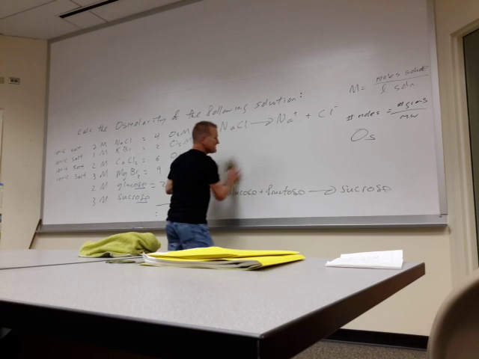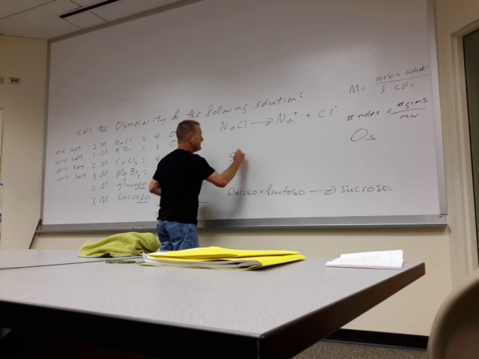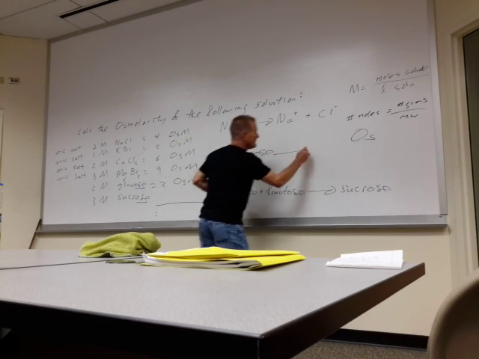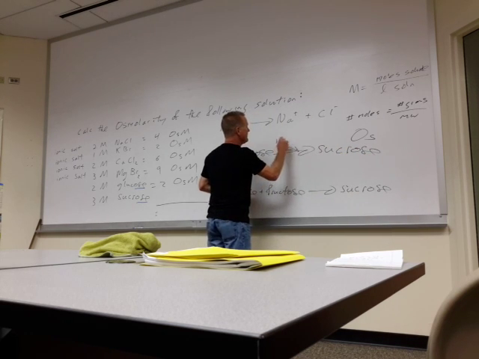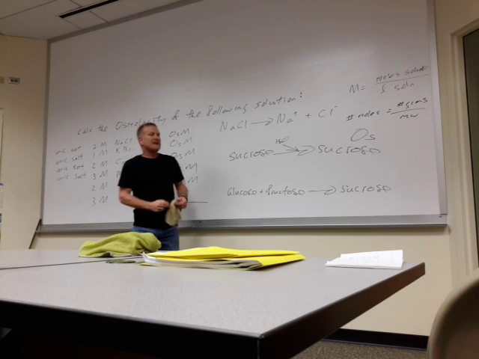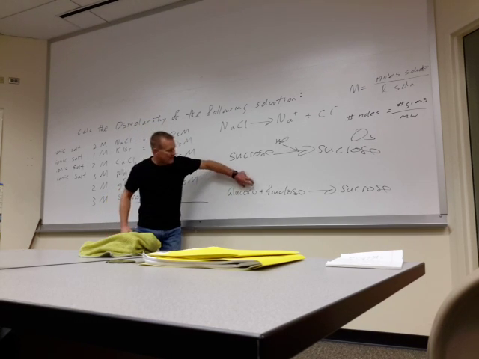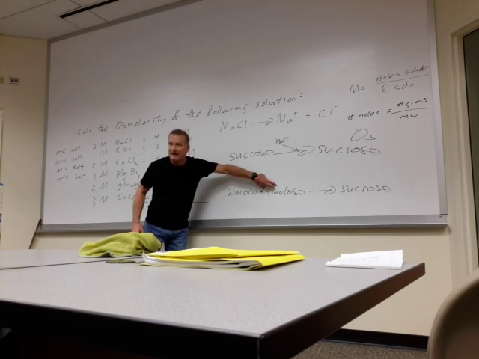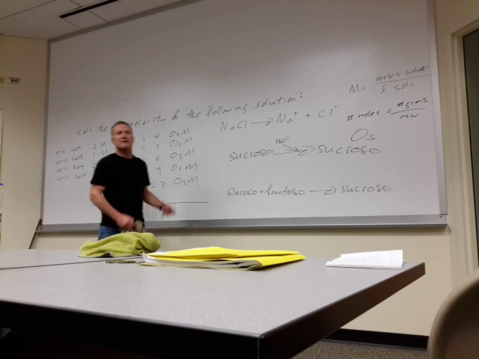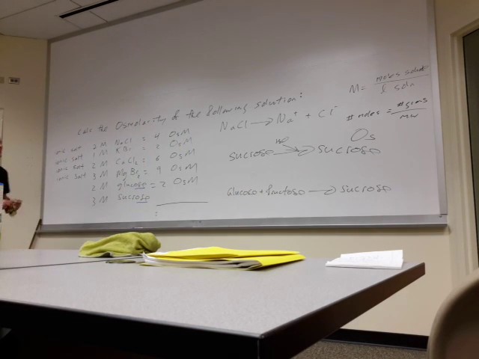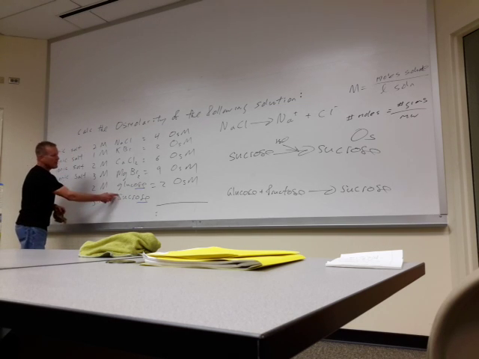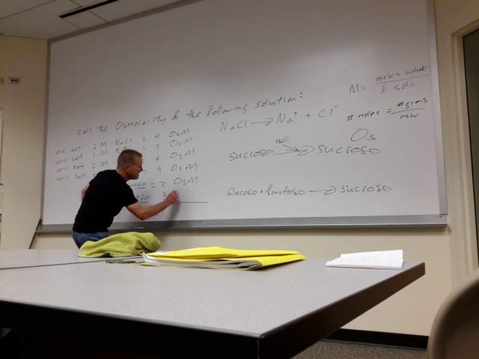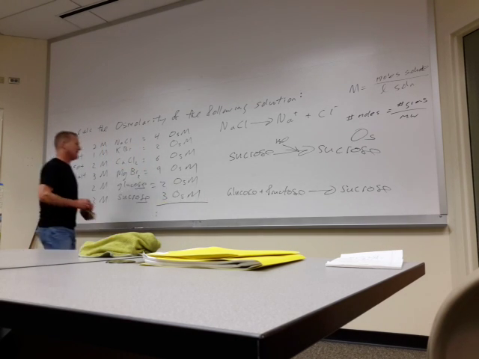When you put sucrose in water or iced tea, it doesn't do anything. The glycosidic bond between the glucose and the fructose does not break when you put it in water because it's a covalent bond. It's not an ionic bond. So even though this is a disaccharide, it's one particle. One particle times a molarity of 3 gives us an osmolarity of 3.